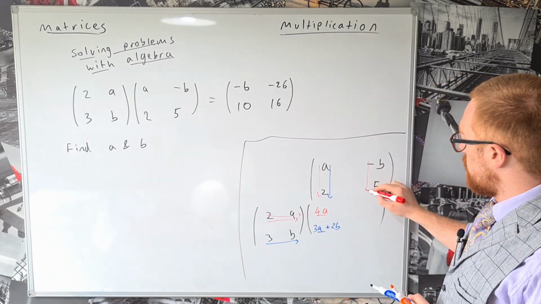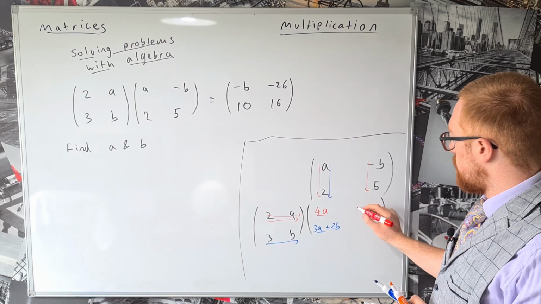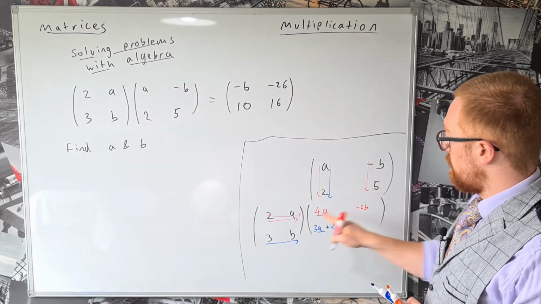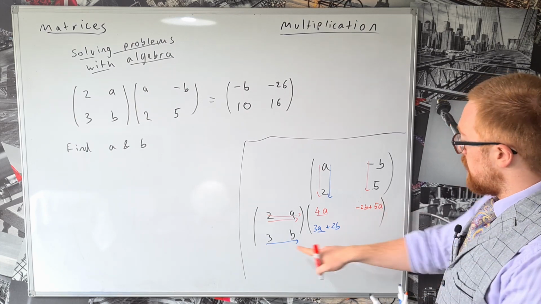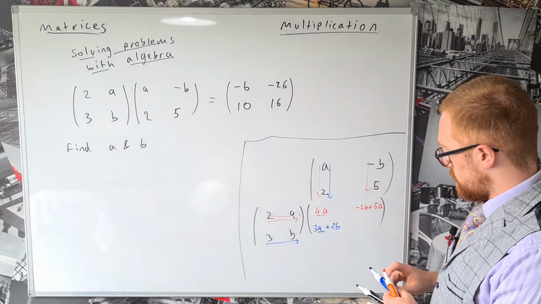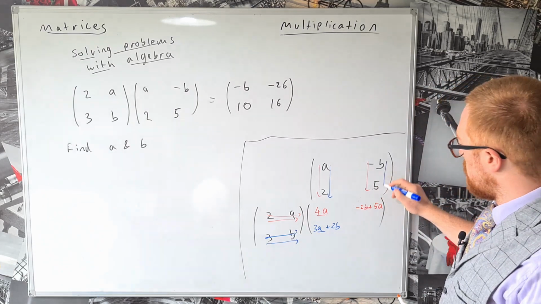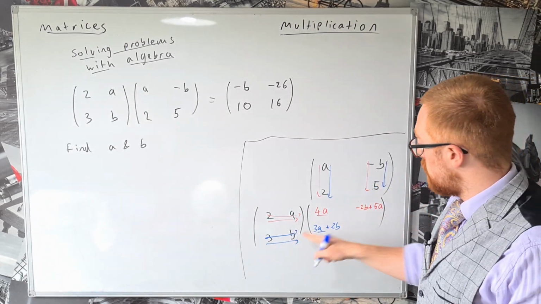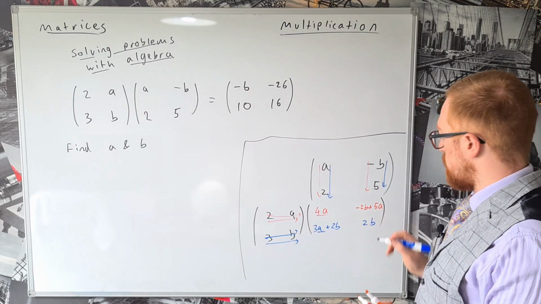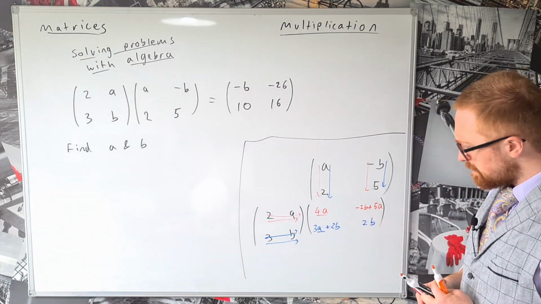Here we've got 2 times negative B is negative 2B, and 5 times A is 5A. And then last but not least, we've got this guy, which is 3 times negative B, which is negative 3B plus 5B, which just leaves me with 2B.